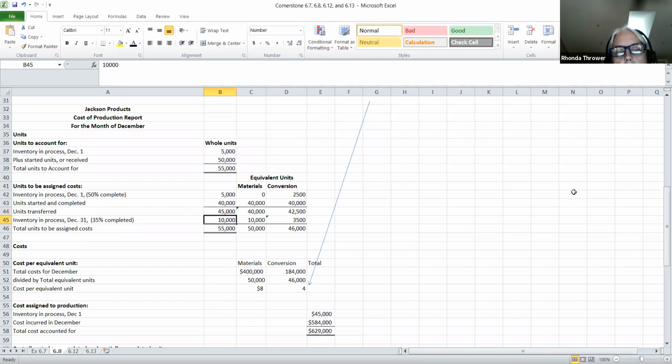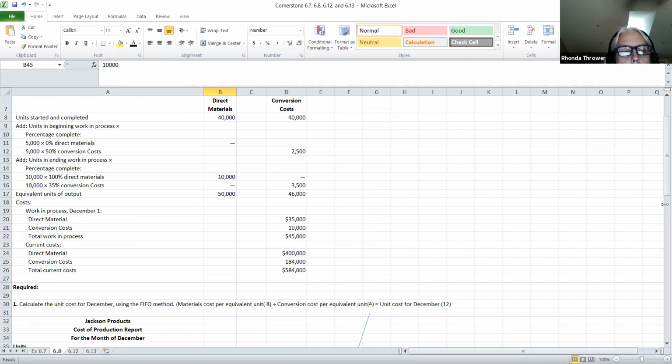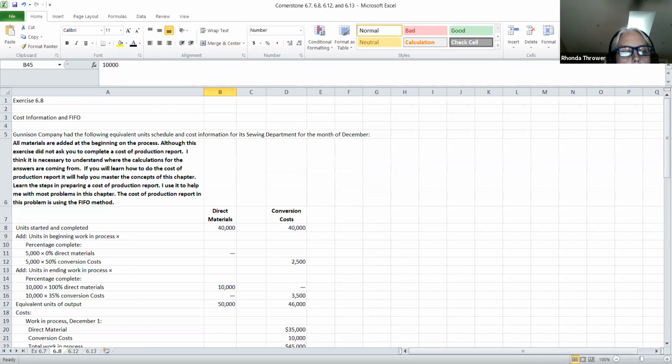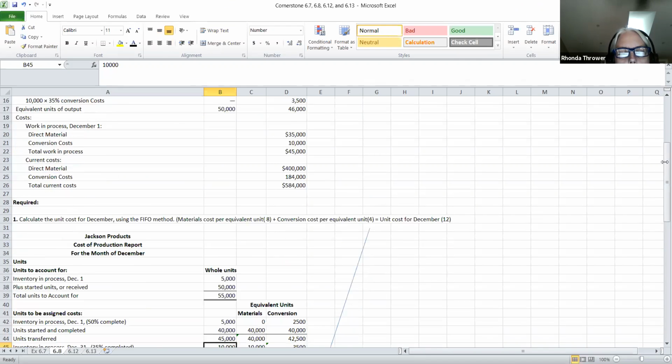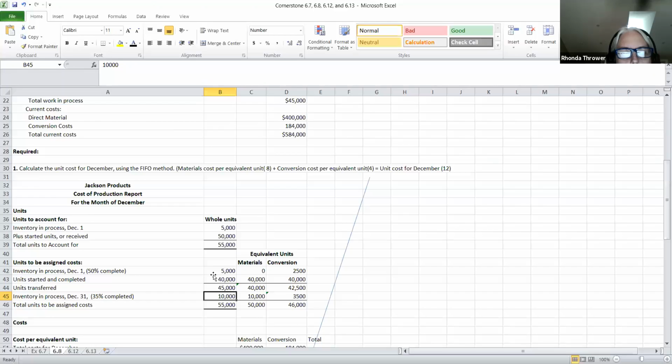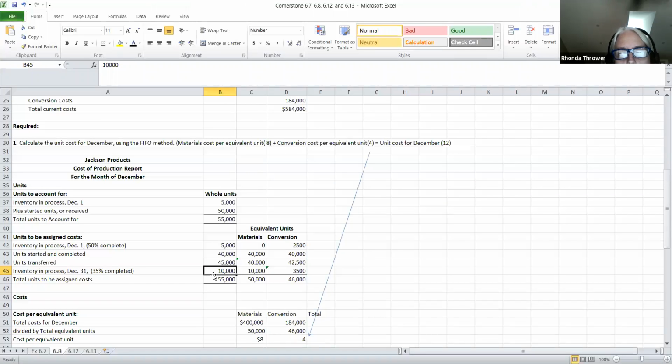And my ending inventory was given. If you look back up here, you see you got ending inventory. The whole units was 10,000. That was given to you. So if I know my whole units were 10,000 of ending inventory, I can add that to my units transferred, and I can come up with this 55,000.